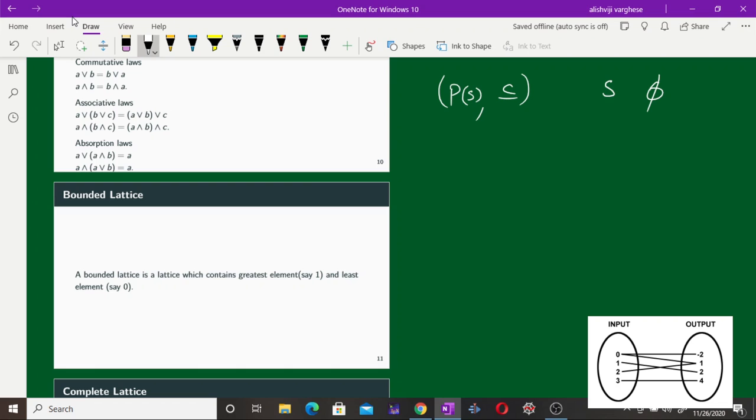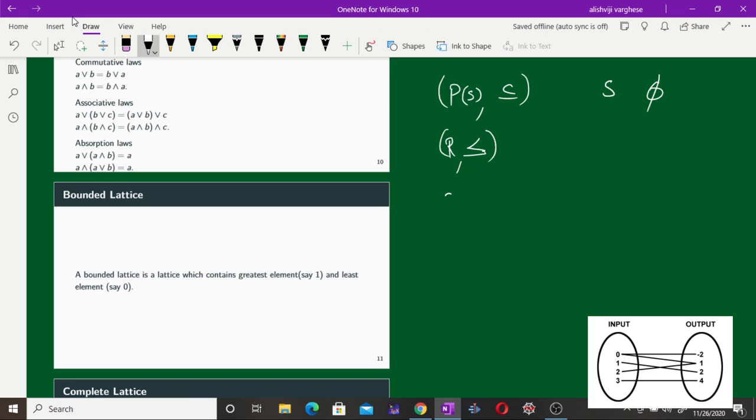And if you consider the set of real numbers together with less than or equal to, then it is a lattice, because for any two elements we can have the meet and join, but it's not a bounded lattice because it does not possess any greatest element or any least element.